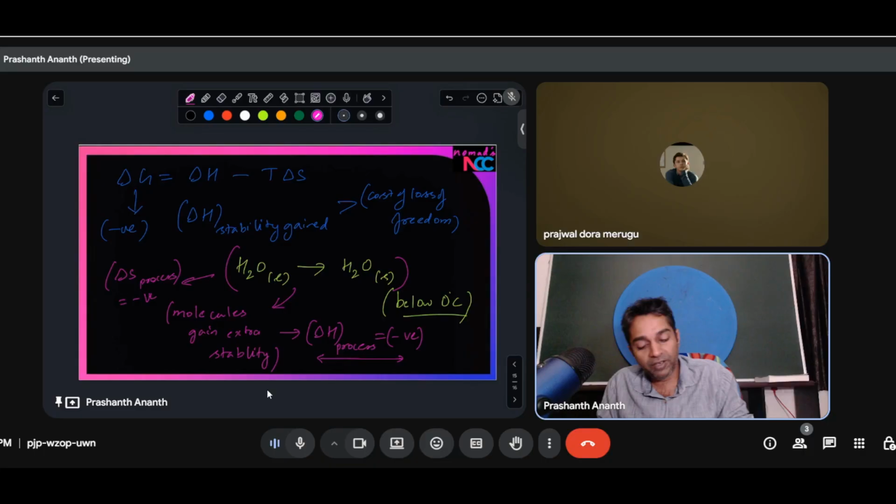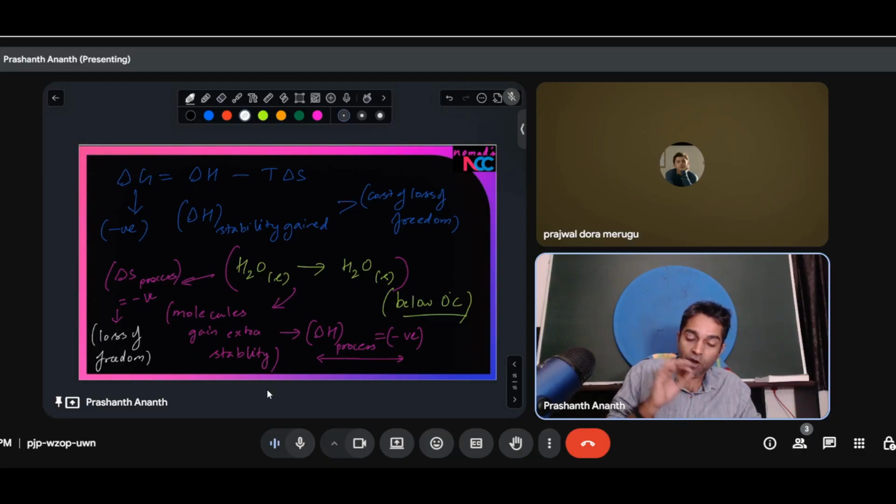Loss of freedom is going to be the reason for this. So in this process of water liquid becoming water solid, delta H for the process is negative, delta S for the process is also negative.